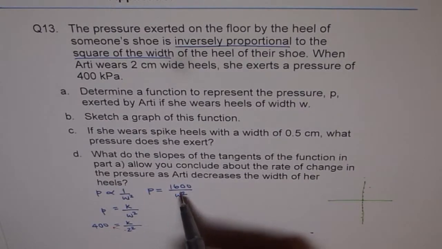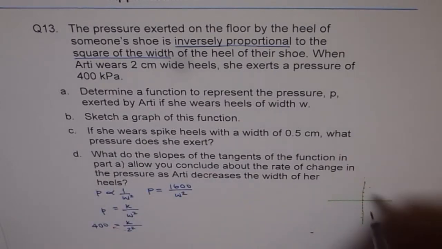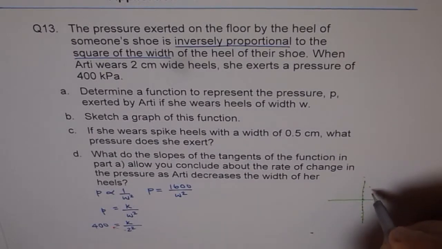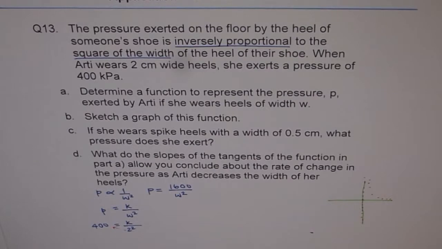If W is 2, that means divided by 4, which gives 400. So it decays very fast. Do you see how fast it decays? If width is more, the pressure is very low. But if width is small, then the pressure is going to be very high. So the graph will look like this.